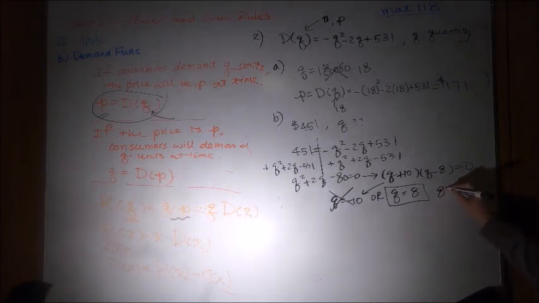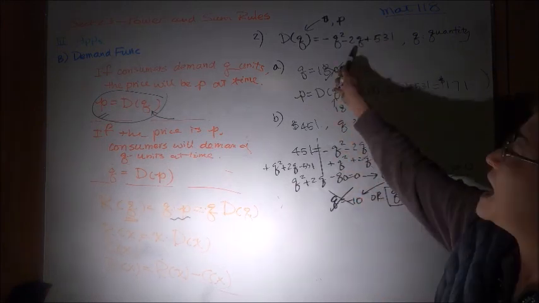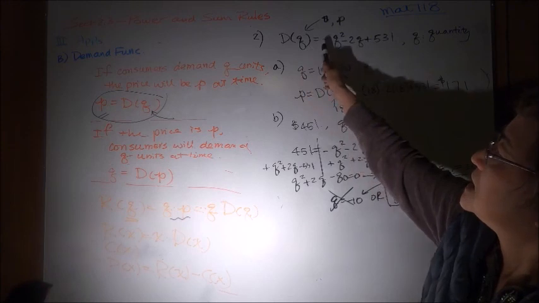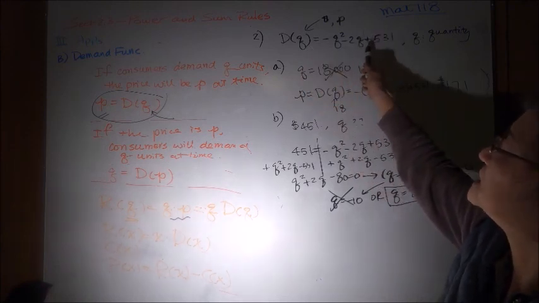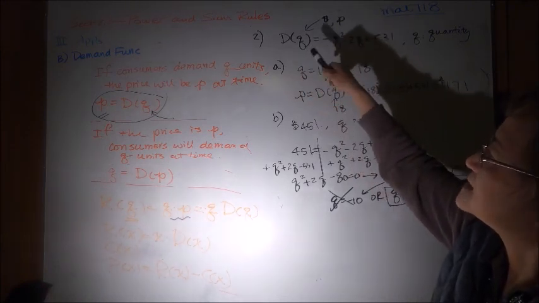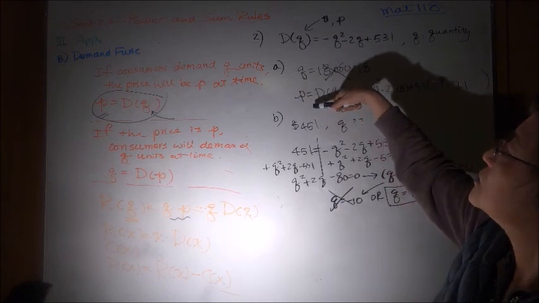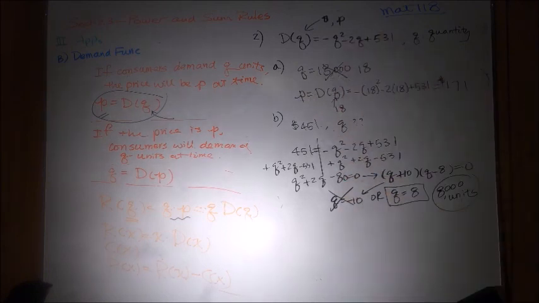So actually, 8,000 units you will expect to be sold. Got the idea? If the price is a function of the quantity, the price varies according to how many units are in demand.